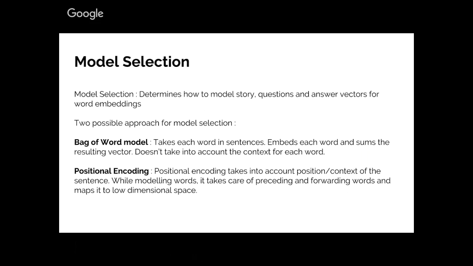Basically it takes every noun or verb in the sentence and puts them into a vector space without the context of each word. With positional encoding, we take care of where the words are when we put them into a low dimensional space. So these are the model selections, and how we are going to proceed.